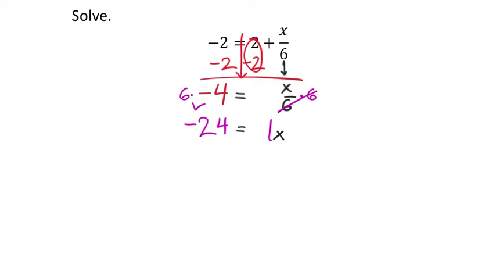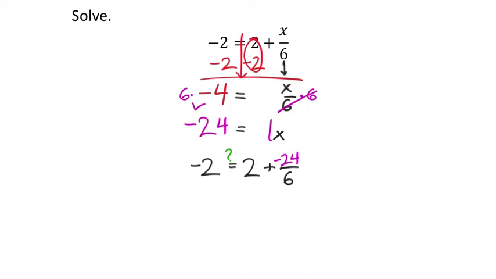Let's check. Because checking, I really hope you guys see that checking is not too hard. It's just, you gotta be able to do it, okay? And while math, sometimes we hate math, it really isn't that much extra work. So this is my equation, and I'm going to replace the x here with negative 24. And I'm going to check for truthfulness right there, okay? So there's a question mark for me.